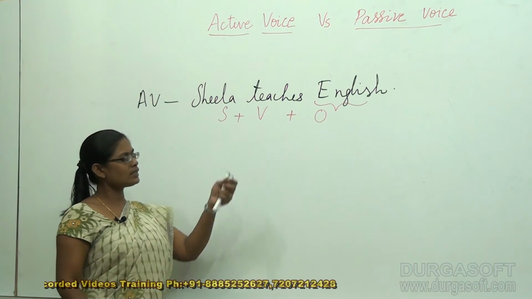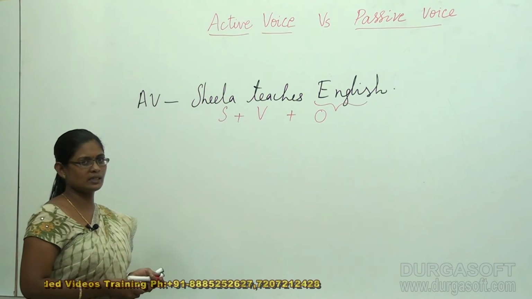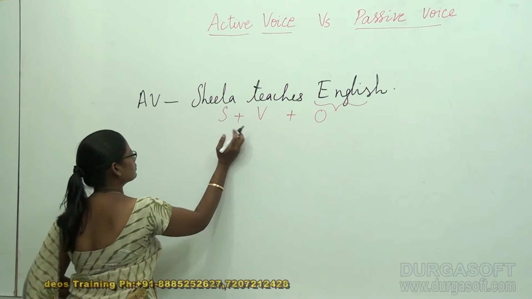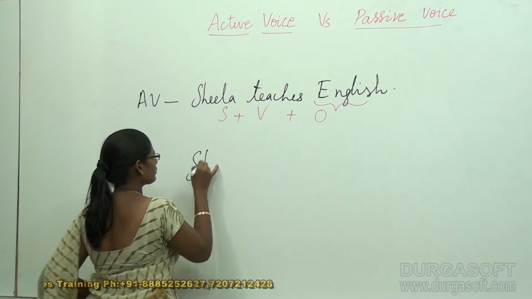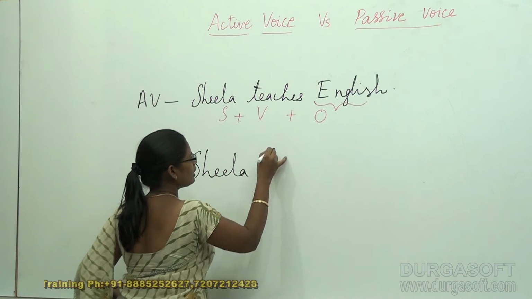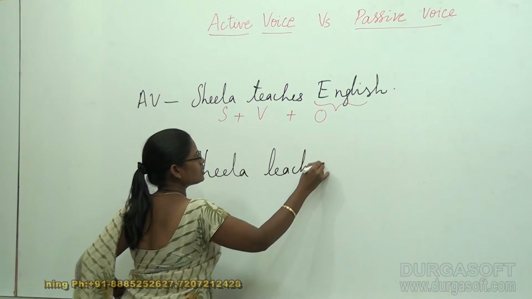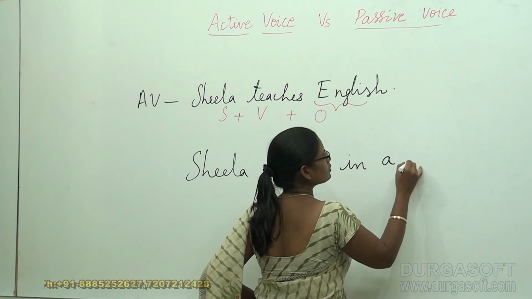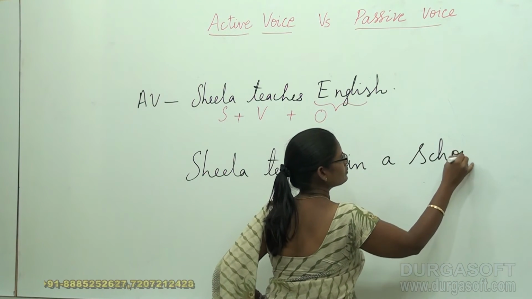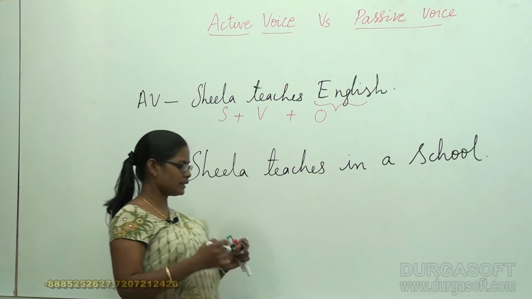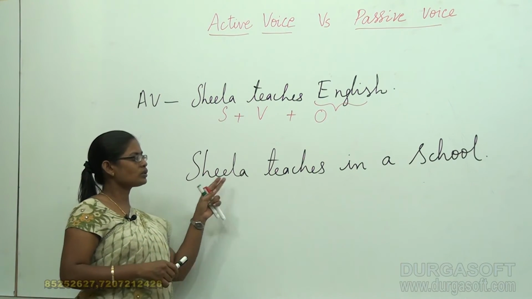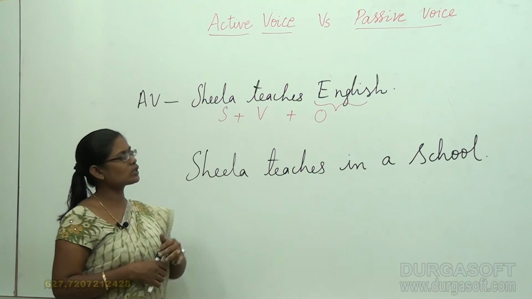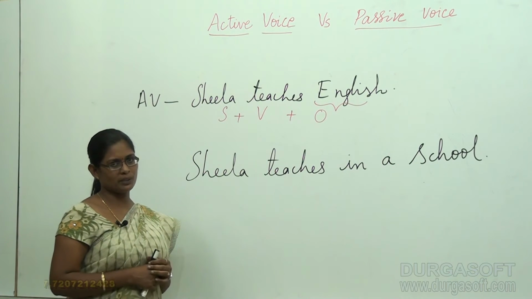Okay, and this is one of my sentences. And I would like to take one more sentence. Sheila teaches in a school. And this is my second sentence. Of course, this also belongs to simple present tense, and the first sentence also belongs to simple present tense.